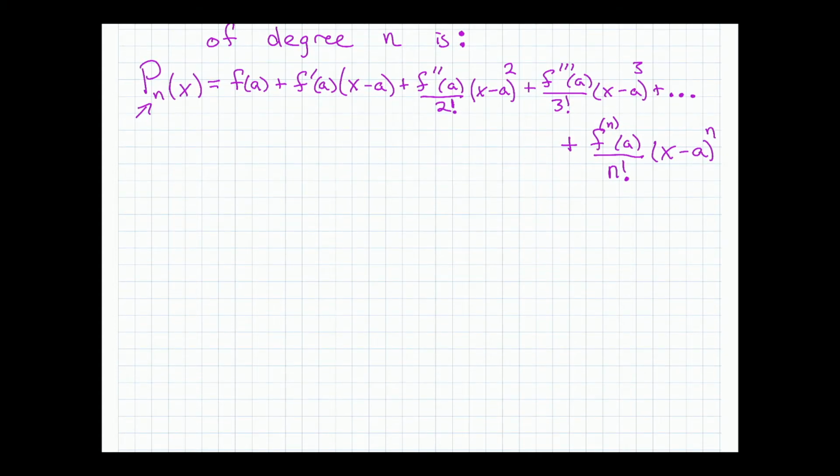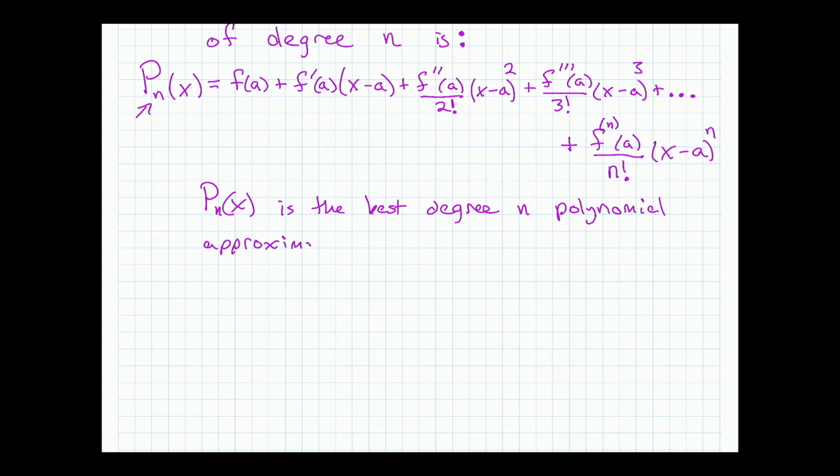So let's say that p sub n of x is the best degree n polynomial approximation of f of x for x values near x equals a. Now, it's important that we say that. It's only good for x values near x equals a, right?